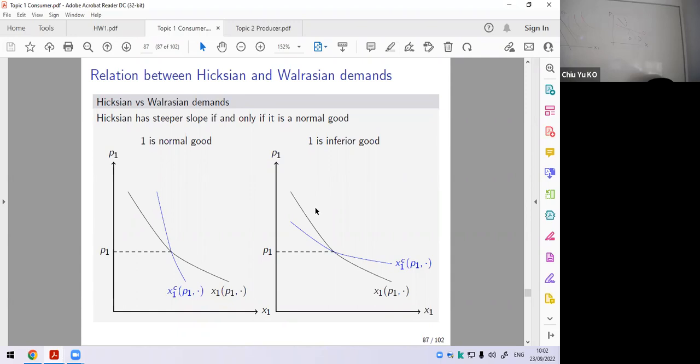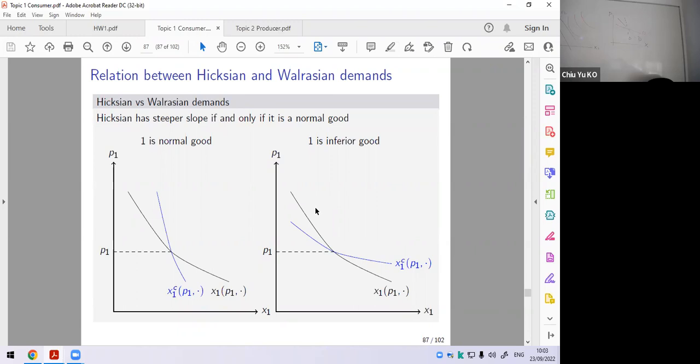Same when the price goes up. You can't consume the same bundle, there will be a money deficit, so in that case you have to cut consumption of good one. That's why the Marshallian demand will be less than the Hicksian. Is that clear? When you have an inferior good, it will be the opposite case, right?